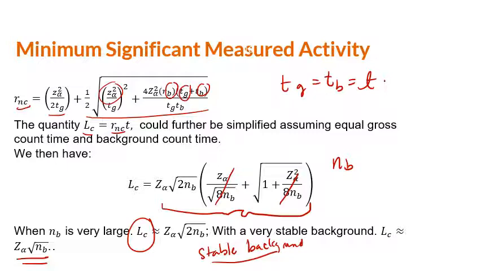Contrast to that with the value of LC kapag unstable yung background na square root of 2NB, I hope nagme-make sense sa inyo na mas mataas yung LC kapag unstable versus LC na stable. Okay, so intuitively, I hope this is clear to you, because if you have a stable background, may stable ka na radiation na background, you can make better conclusions, easier conclusions at lower cutoffs.